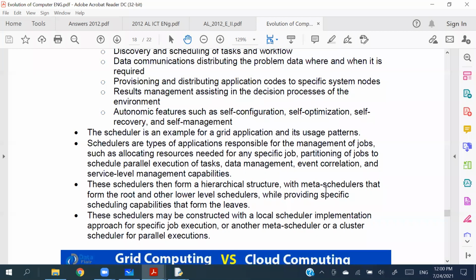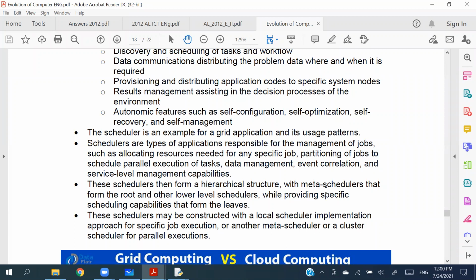When we are doing the operating system, we talk about a component called the scheduler, right? So the scheduler acts in the nature of grid computing, right?